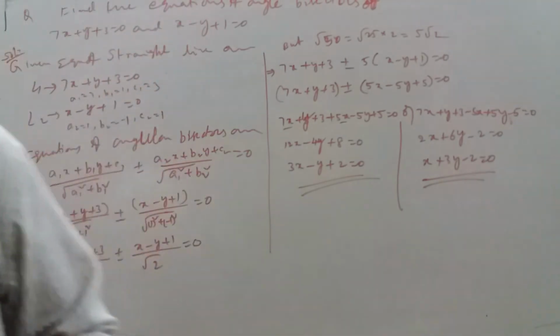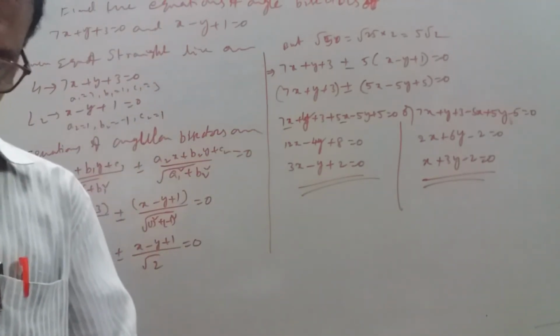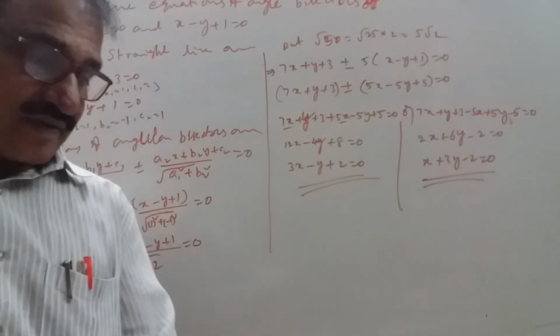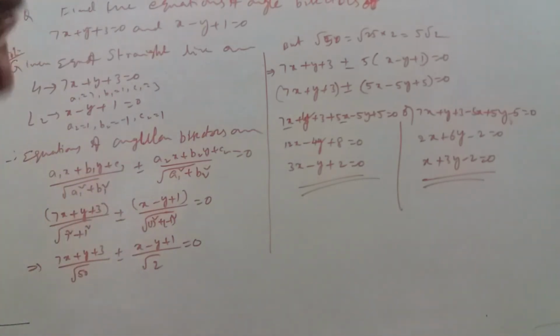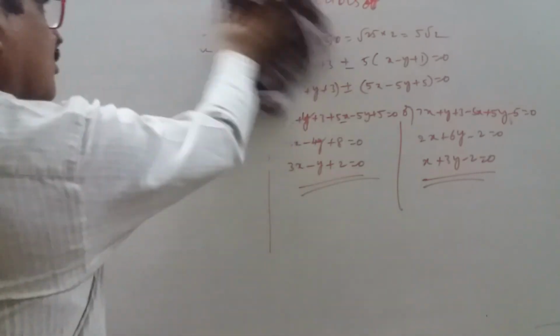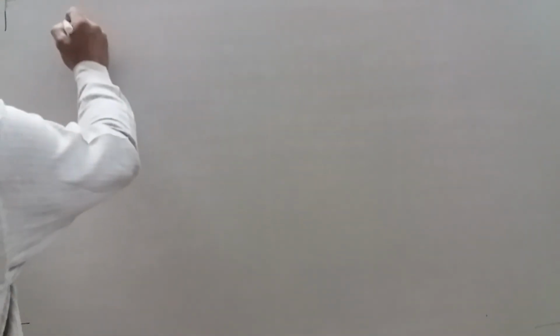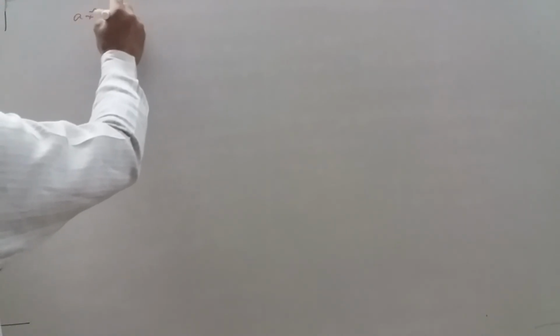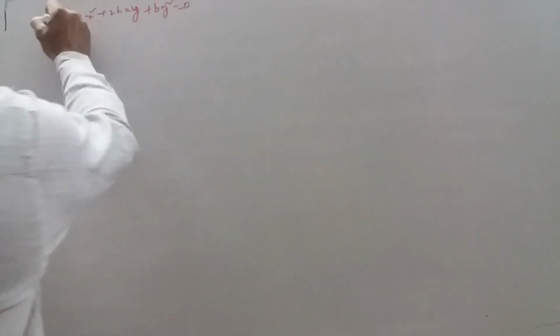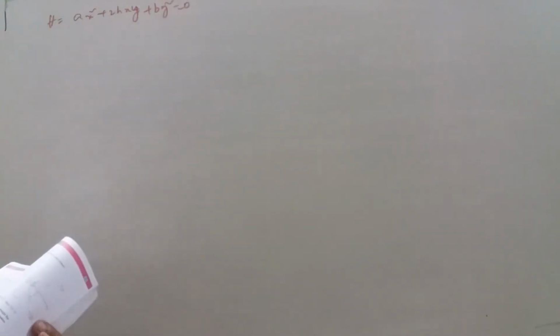There is another formula I will explain further. If the equation ax square + 2hxy + by square is the combined equation of given straight lines, there is a theorem we have to prove, but I will write only the formula here and explain it later.